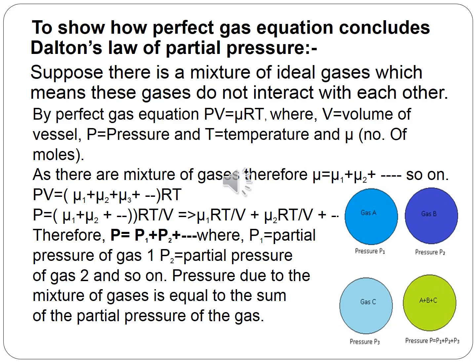Therefore, the total pressure due to the mixture of gases is equal to the sum of the partial pressures of the gases.